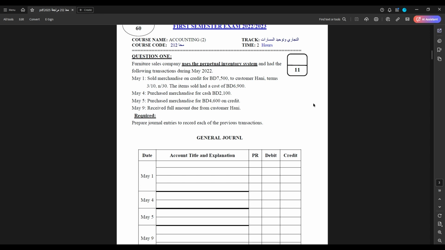So starting with transaction number 1, on May 1, we will record accounts receivable Hani on the debit side, 7,500, and sales credit 7,500. This is the first part.